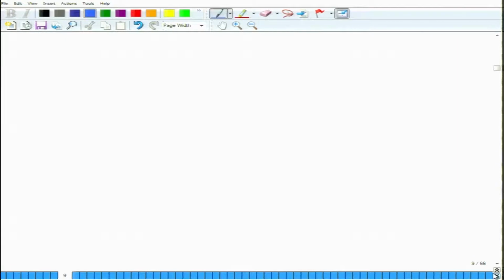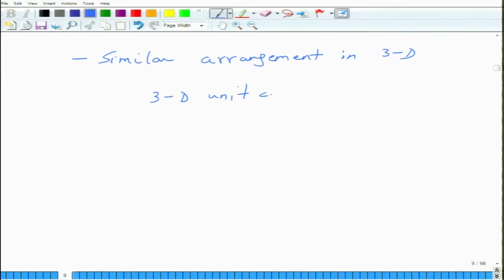So, you can have a similar arrangement in 3D. It will make a unit cell which is a 3D unit cell, and in 3D you will have lattice parameters A, B, C and alpha, beta, gamma.